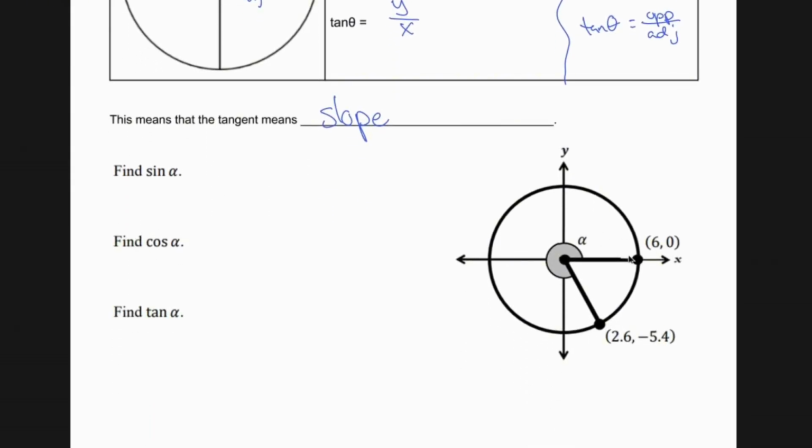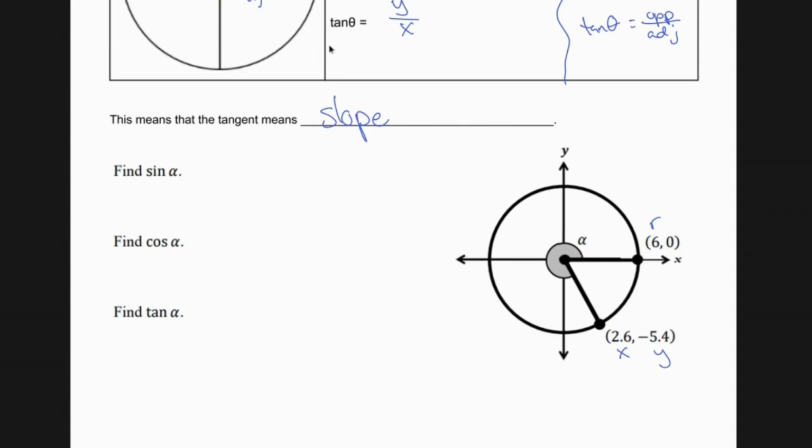So I give you a circle with a radius that appears to go from here at the origin all the way to 6. So my radius is r. It intersects a point, 2.6, negative 5.4. And my job is to find sine alpha, cosine alpha, and tan alpha.